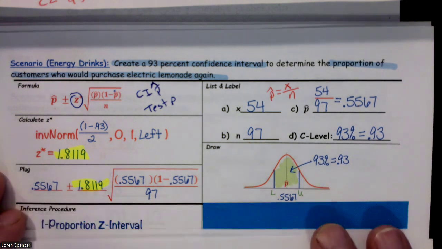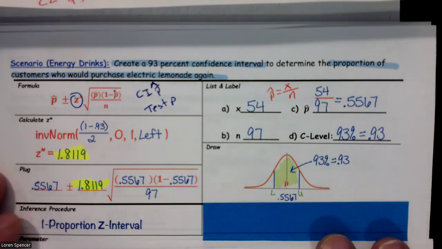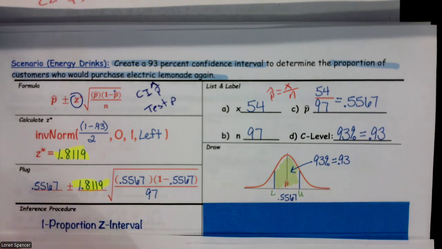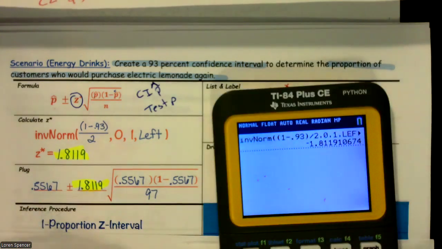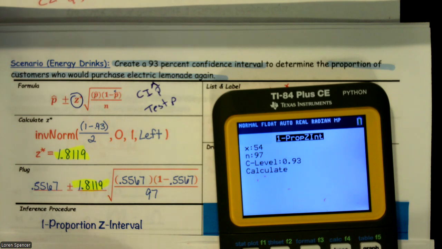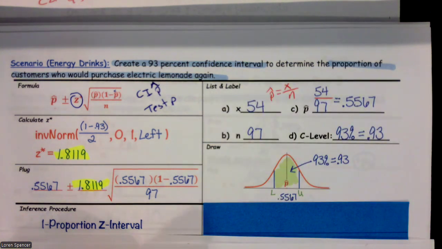The procedure we're doing is a one proportion z interval. So let's go ahead and run this test, even though it's a little bit out of line. STAT, TESTS, drop down to A, 1-PropZInt, and we have 54 and 97, and there's our confidence interval.